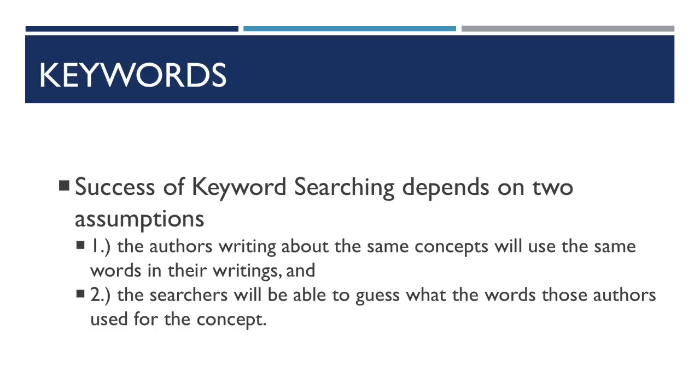And of course, everyone is not the same. Every author is not going to use the same exact words, and every researcher is not going to type in the same words. Plus, the English language has a lot of words that are similar or very much alike, so it makes it difficult to use keyword searching at times.